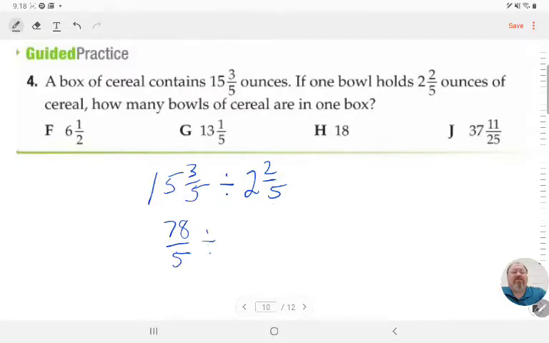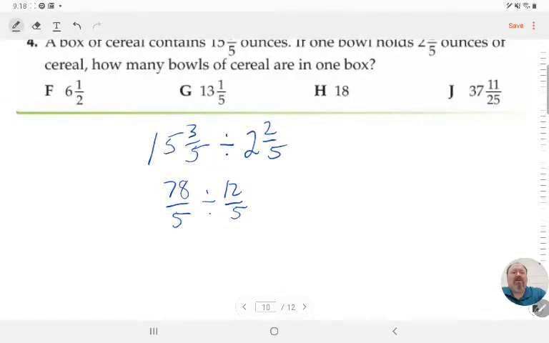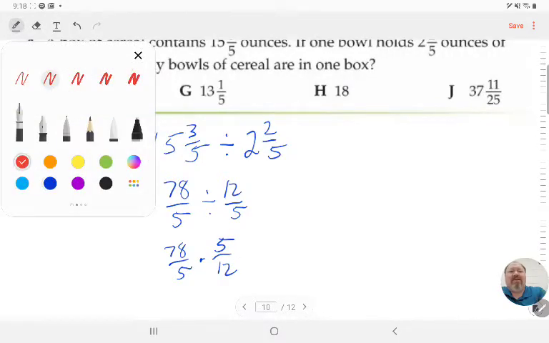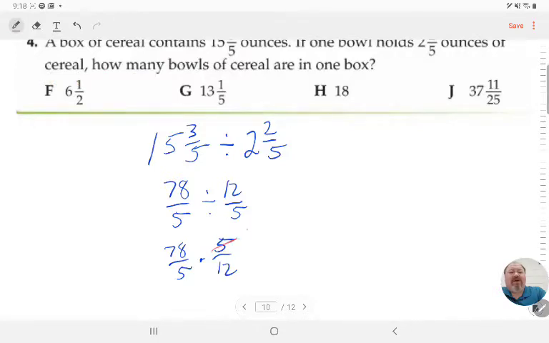Divided by 12/5. We then would say 78/5 times 5 over 12. Then we look for if we can simplify anything, and 5 goes into 5 one time. 6 goes into 12 2 times, and 6 goes into 78 13 times.